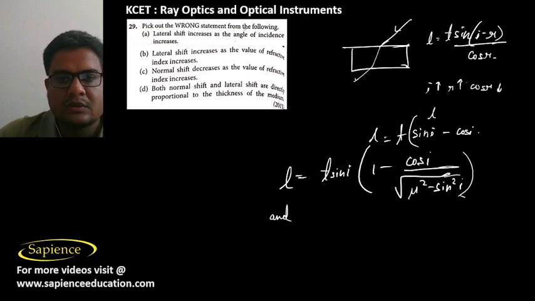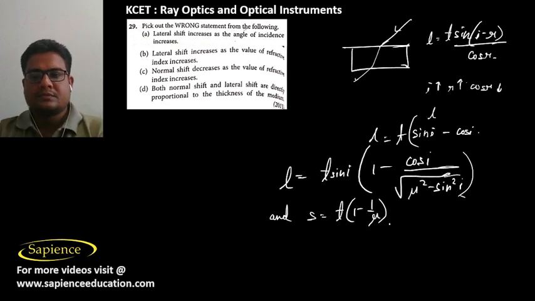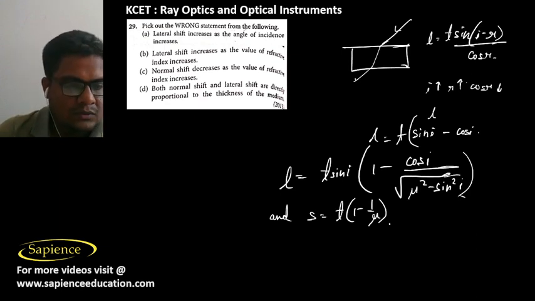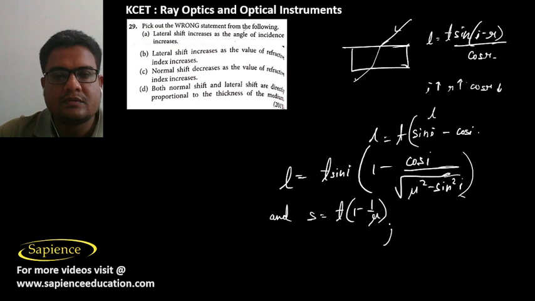And the normal shift is given as t into 1 minus 1 by mu. So when the refractive index increases, then the normal shift decreases.